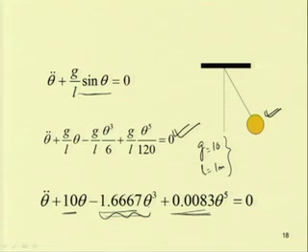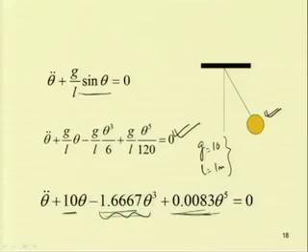But if we require more precision, we have to keep all the terms, that is, keep up to quintic order: theta double dot plus 10 theta minus 1.6667 theta cubed plus 0.0083 theta to the power 5 equal to 0.